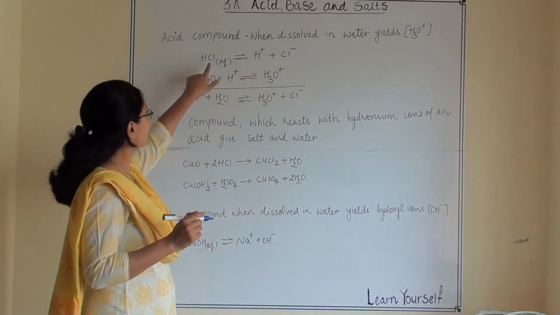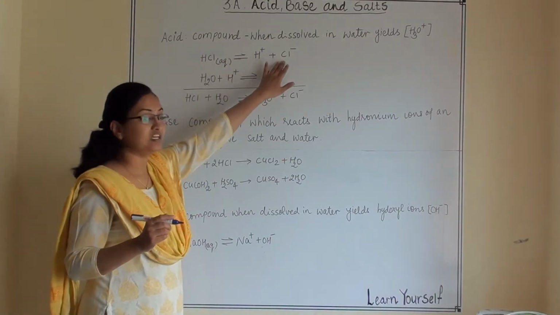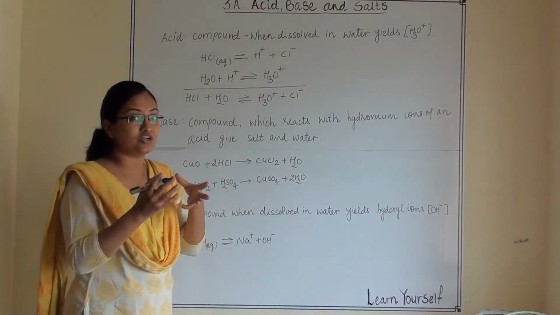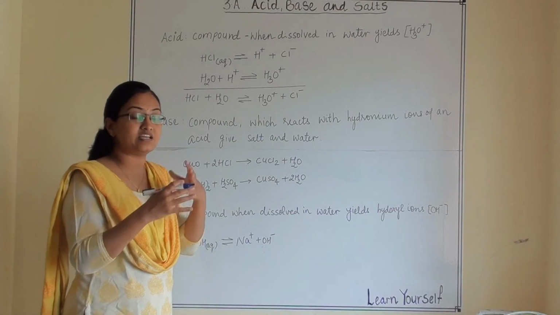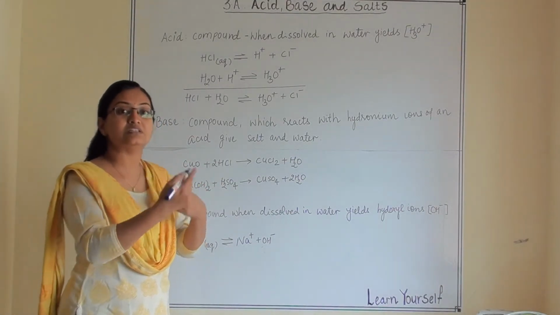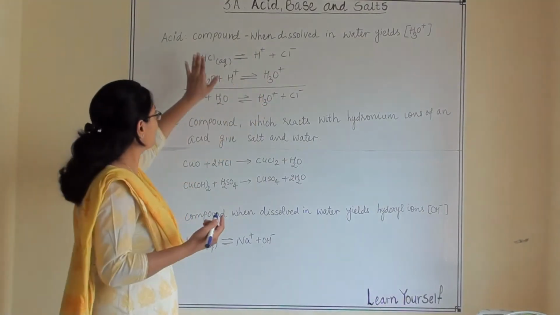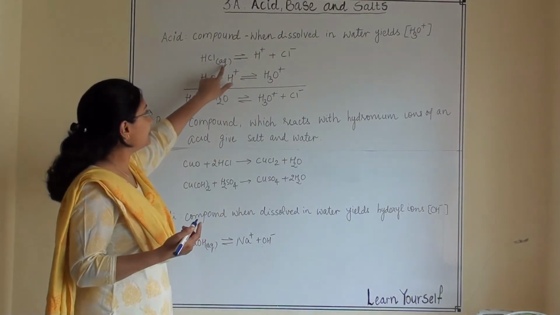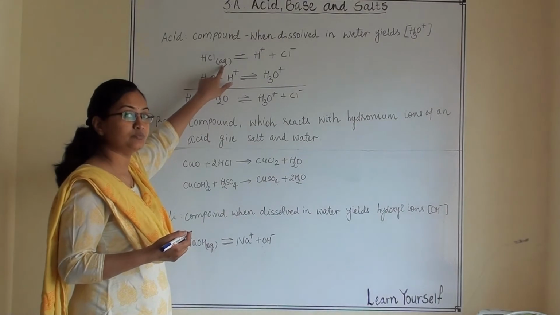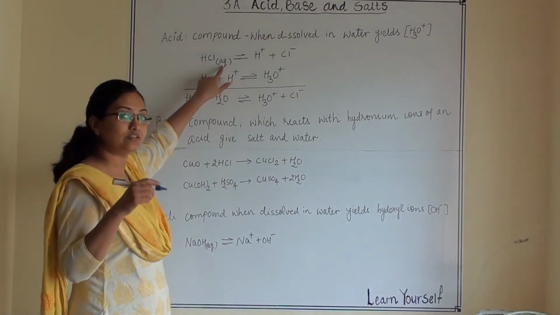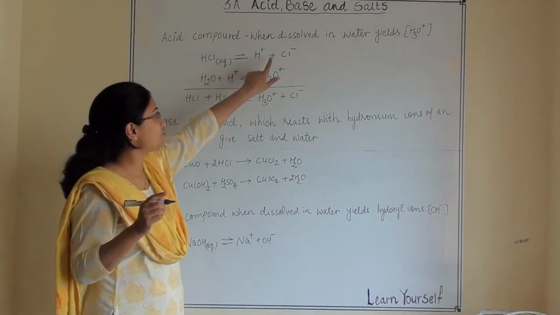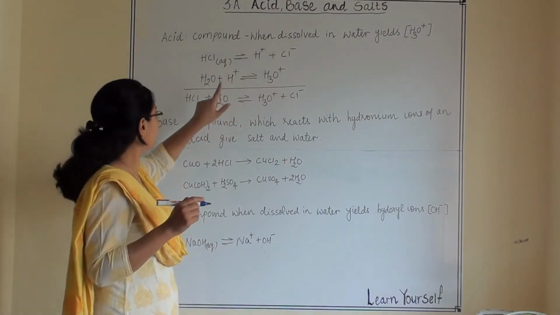Because they are oppositely charged, they'll react and form HCl. So this is a continuous reaction between HCl and H+ and Cl-. So HCl, when it is in aqueous phase, aqueous means when you are dissolving in the water, it gives you H+ and Cl-.